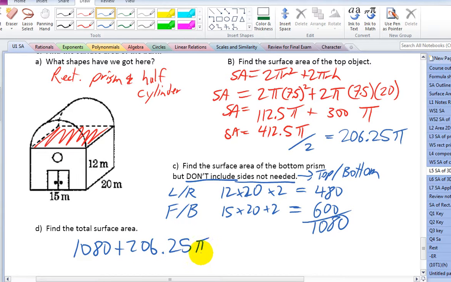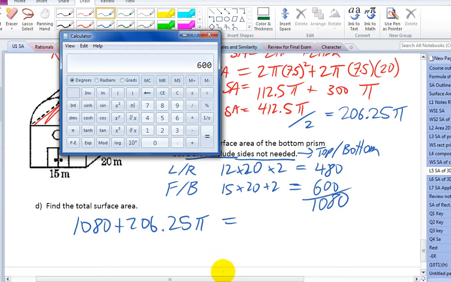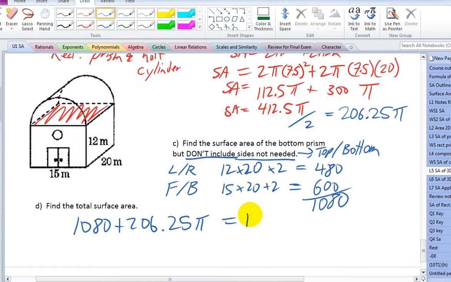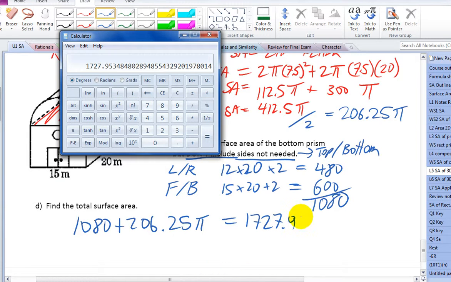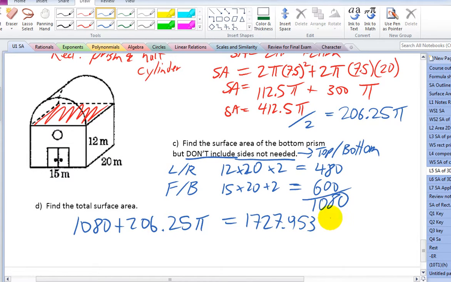206.25π. Now you've got to go to your calculator and you've got to get decimals. 206.25 times π. Make sure you use the multiplication button. You get 1727.953.